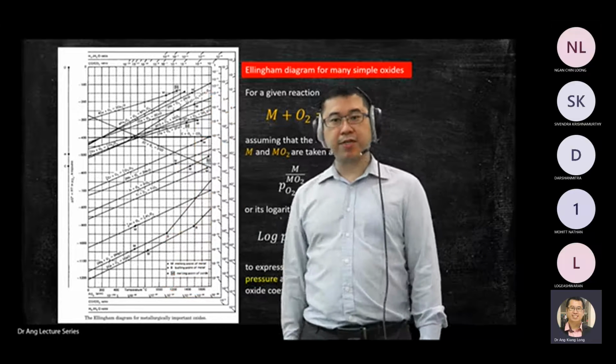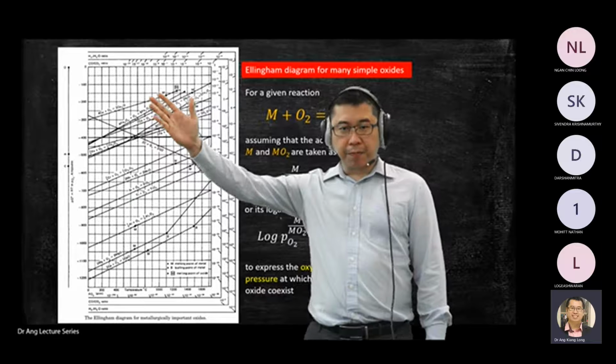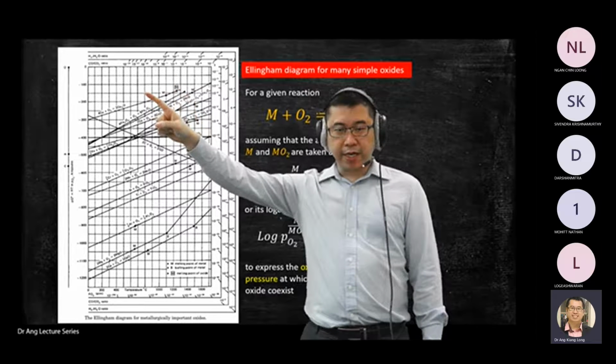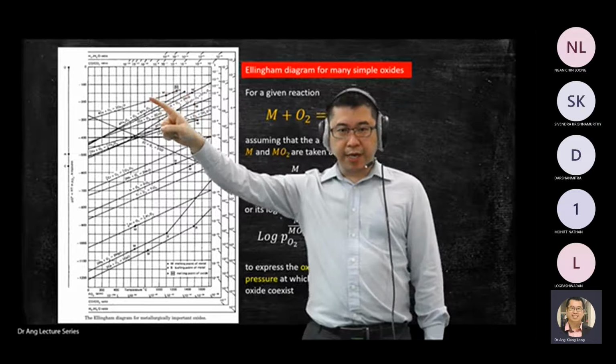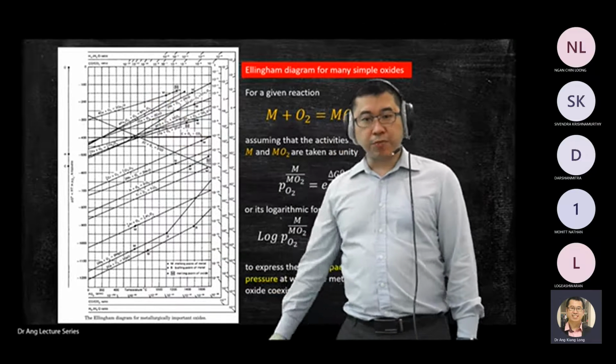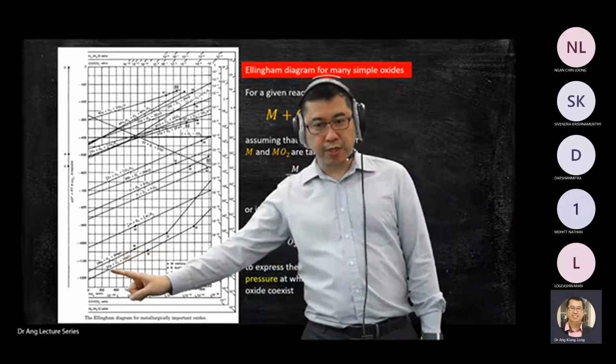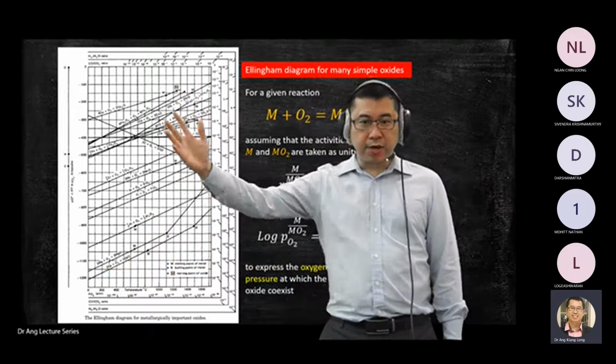You should be able to answer. So if I take this line compared to the last line, which one is more stable? Here, this one is the most stable on this graph.